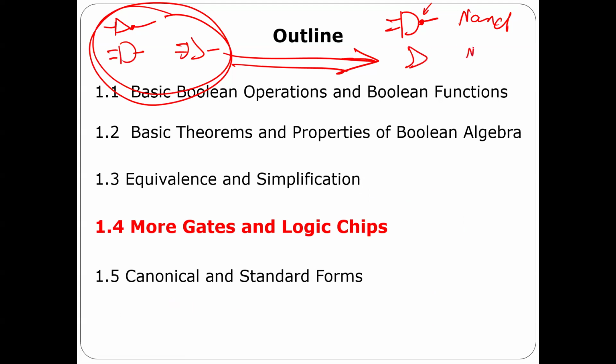Also, we have NOR. You can see here, it's the same symbol of OR, but I do inversion here, or I put a bubble here. Also, we're gonna do something we call XOR, or exclusive OR. Also, we're gonna make another gate. I'm gonna call it exclusive NOR. So again, we started with the 3 basic gates.